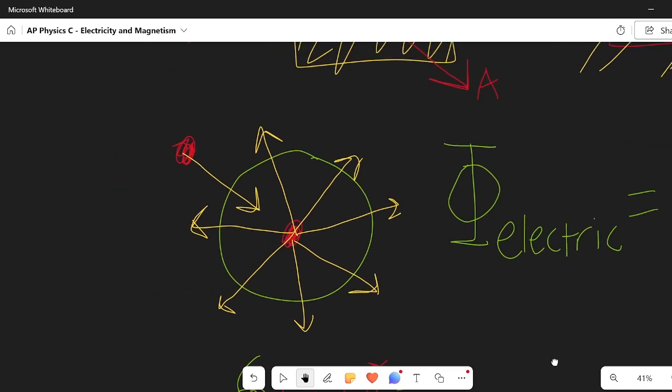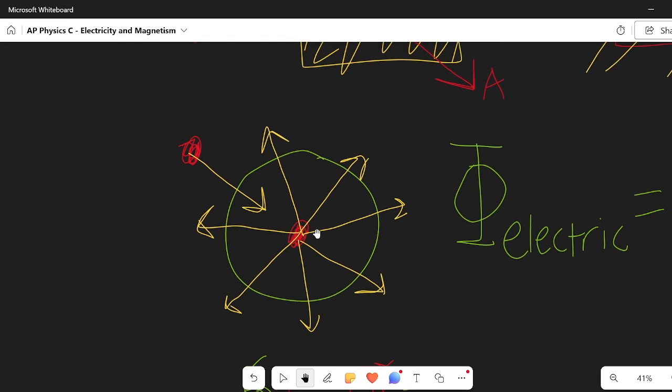But essentially, if you think about it, a point charge inside of the sphere will be sending a bunch of bullets out of the sphere. So it'll have a positive flux on the sphere itself. But bullets from a charge outside of the sphere will essentially be sending bullets into the sphere.